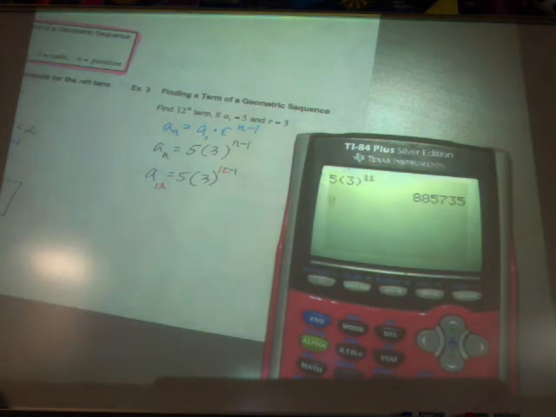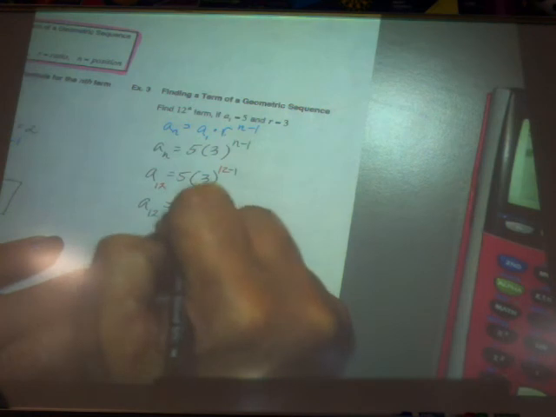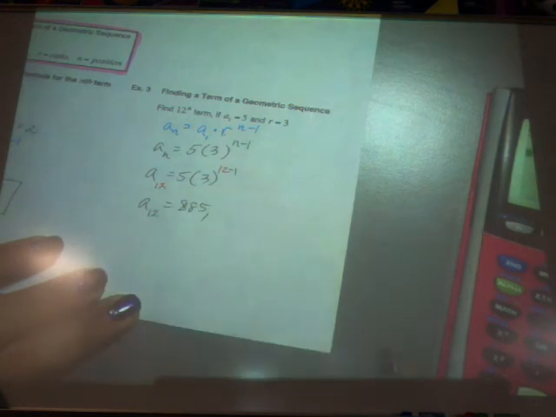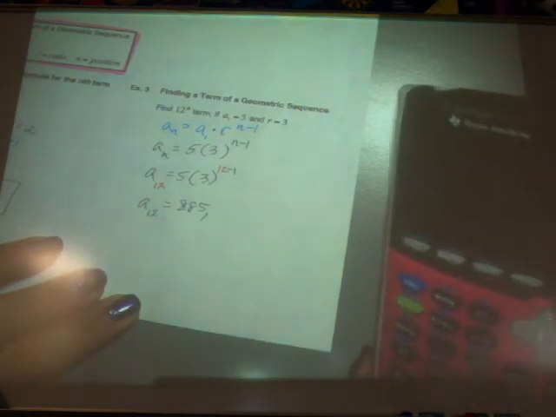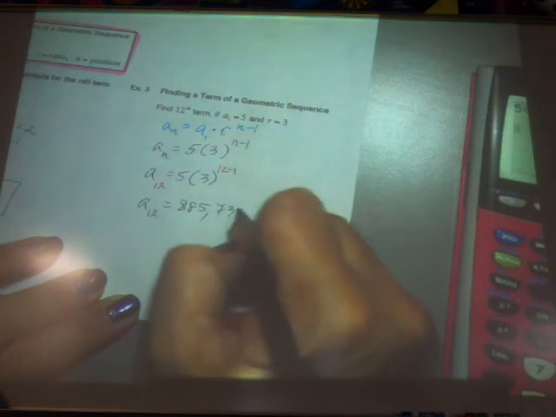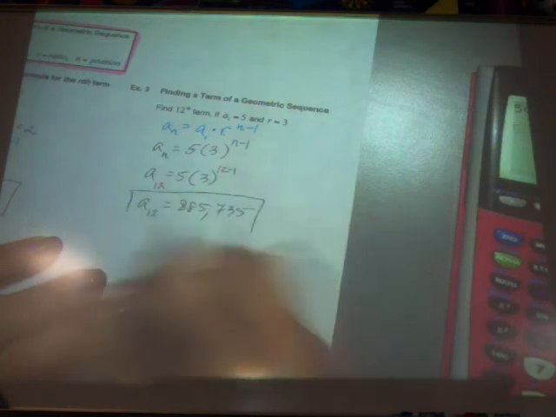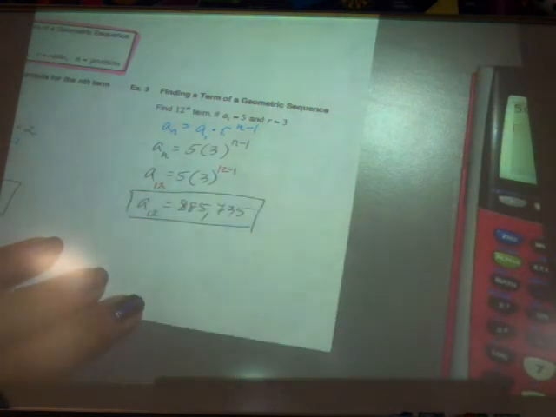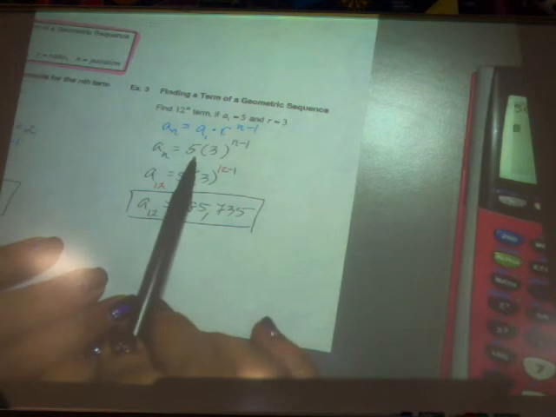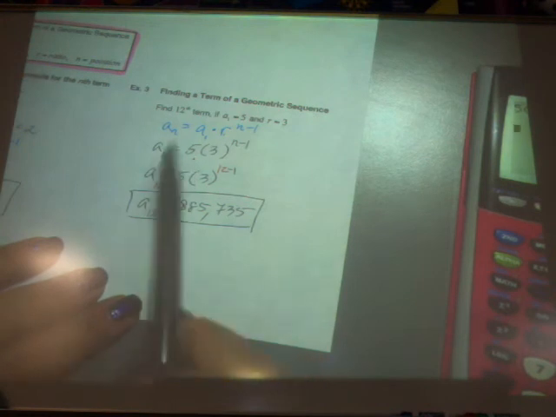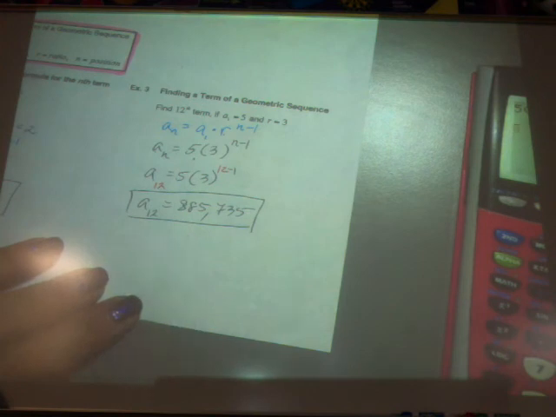See why you're glad you're using a calculator. So we get a large number, 885,735, so a sub 12. They didn't ask us for the general formula, but if they had, and that could be part of the question, find a sub n, and then find a sub 12. So those aren't very taxing, are they?